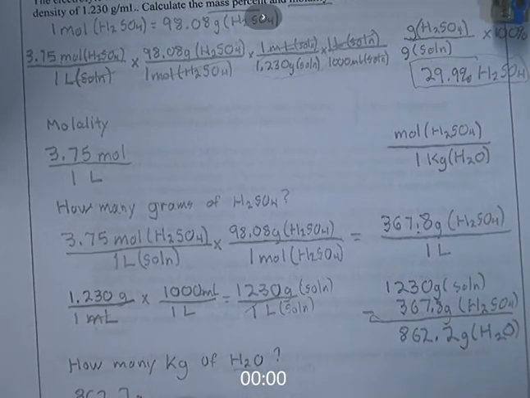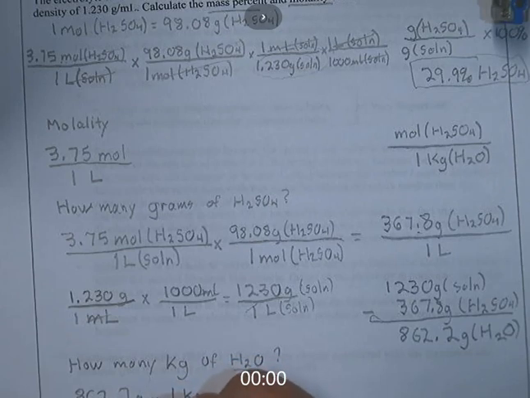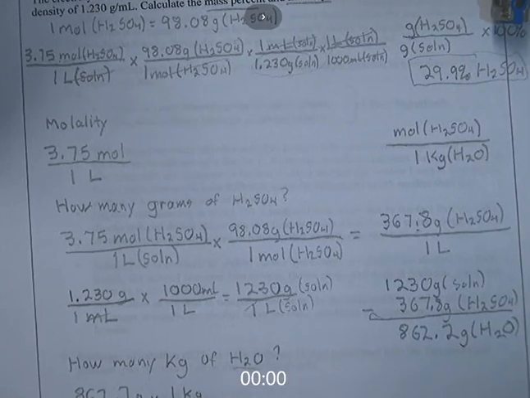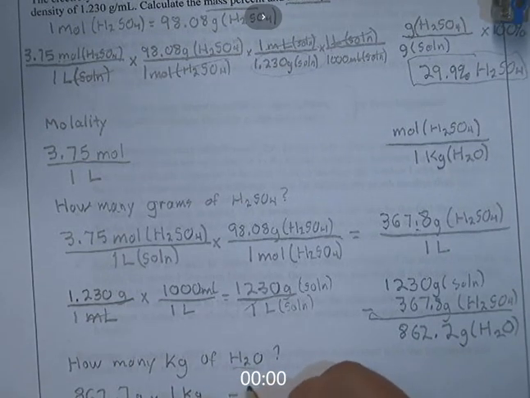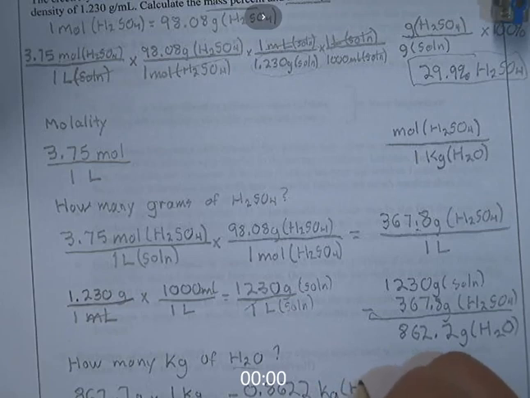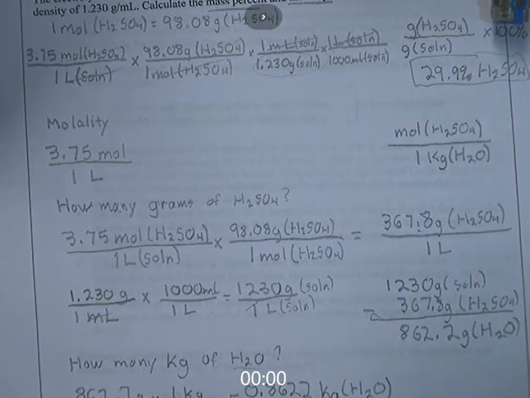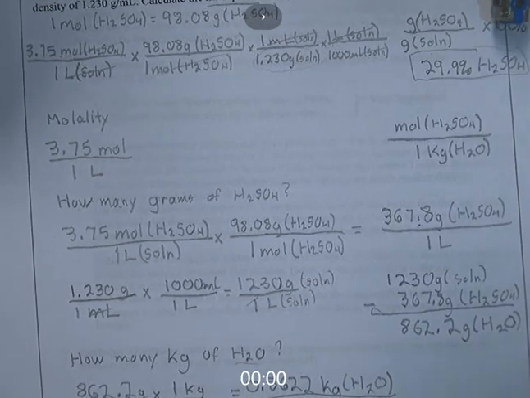Since I already wrote H2O up here, I'm not going to write it again here, times 1 kilogram for every 1,000 grams. Grams cancels out, you do the math, and you have 0.8622 kilograms of H2O. And that's for every liter. Let's not forget, we made that conversion. That's for every 1 liter of solution. Okay? All right.